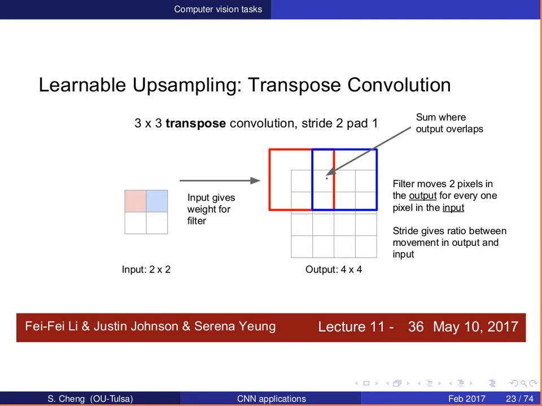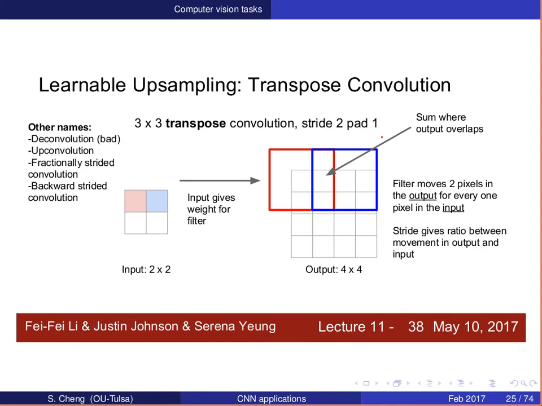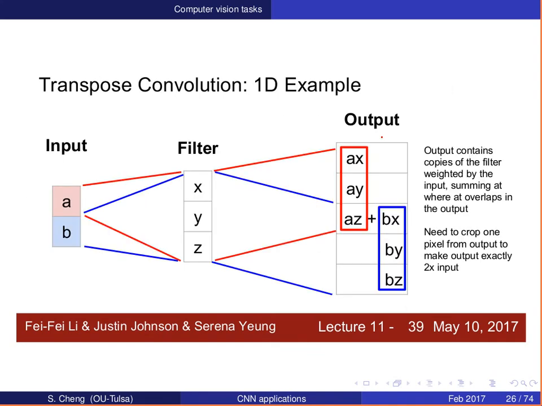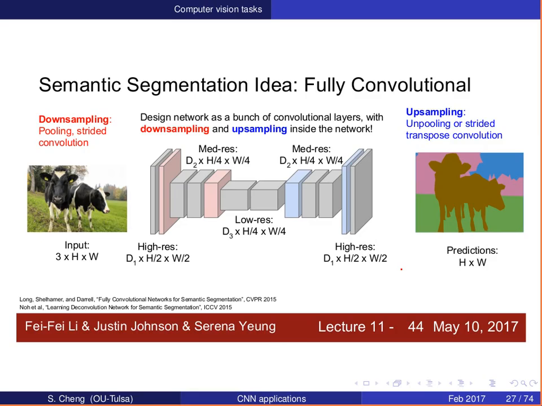When they overlap, you just add the contributions from this red filter and also from this blue filter. Is that clear? Maybe the 1D example is clearer. If you have a filter like this and inputs A and B, then you have AX, AY, and AZ here, and BX, BY, BZ here. Then you just add them together. That's the transpose convolution.